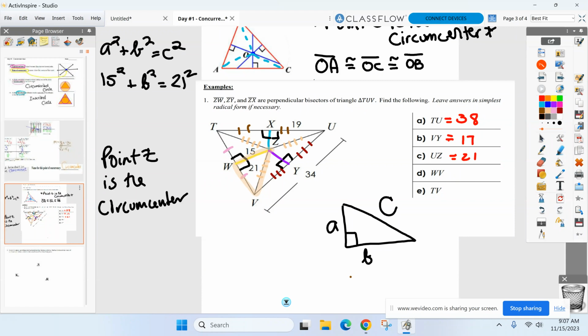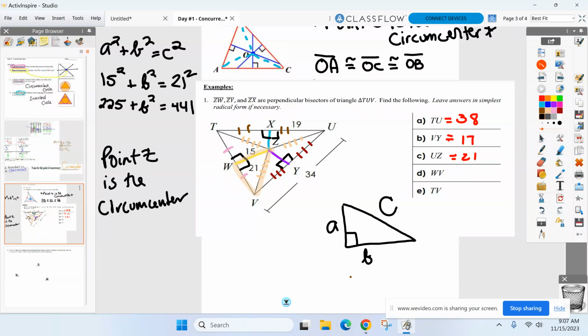All right, so 15 squared, and everyone's got calculators. Let's do this. 15 squared is 225, plus B squared equals 21 squared, which is 441. Okay, we're getting there.